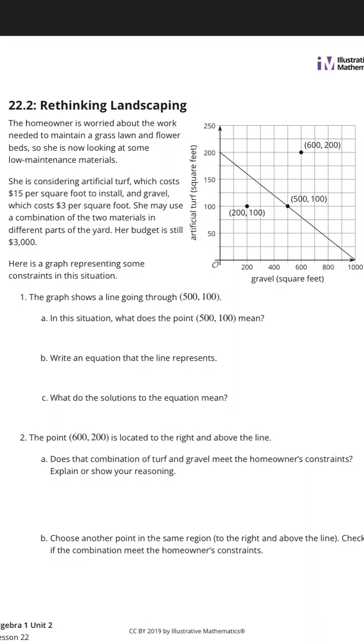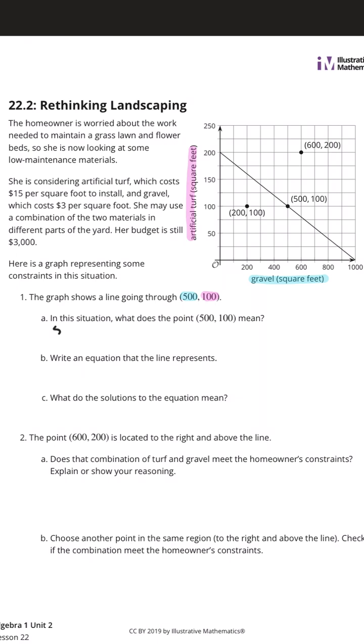So if we look at the first question, the graph shows a line going through 500, 100. In this situation, what does that point actually mean? So if we look at our x and y axis, our x-axis is gravel. So that tells me that's 500 square feet of gravel. The y-axis is turf, so that's 100 square feet of turf.